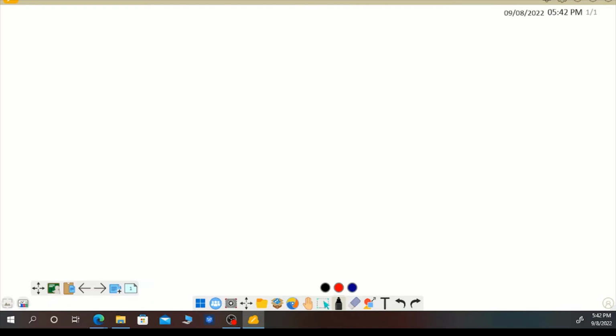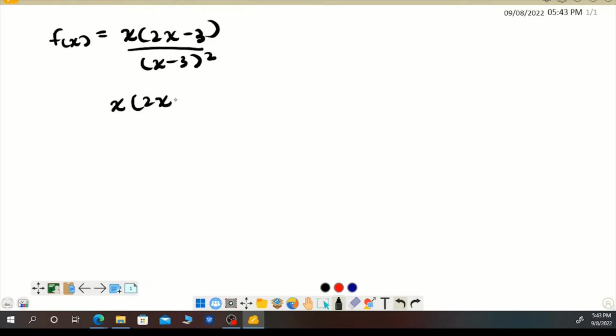For this part I need the f(x) function. They gave f(x) equals x into 2x minus 3 divided by (x minus 3) squared. So I take its numerator, x into 2x minus 3, and equate it to 0. This is the product of two terms.